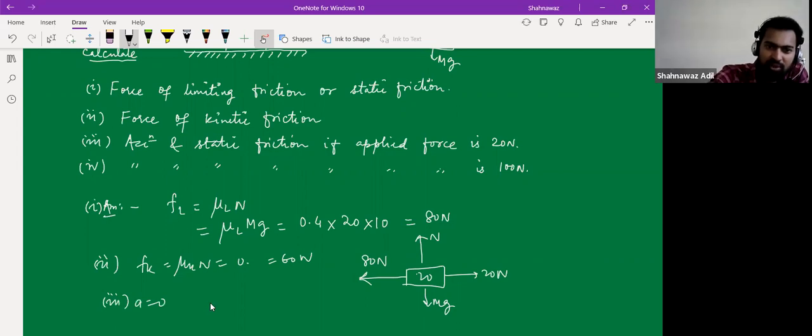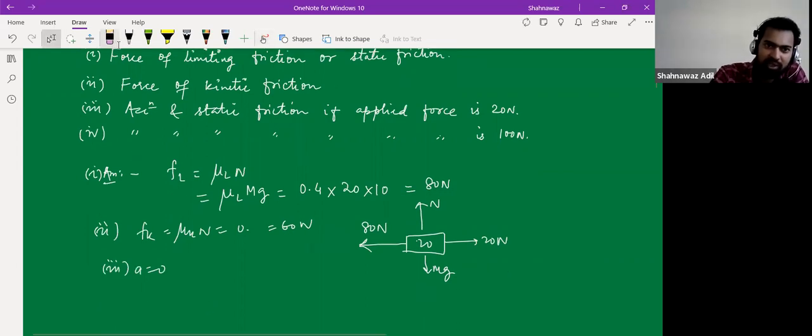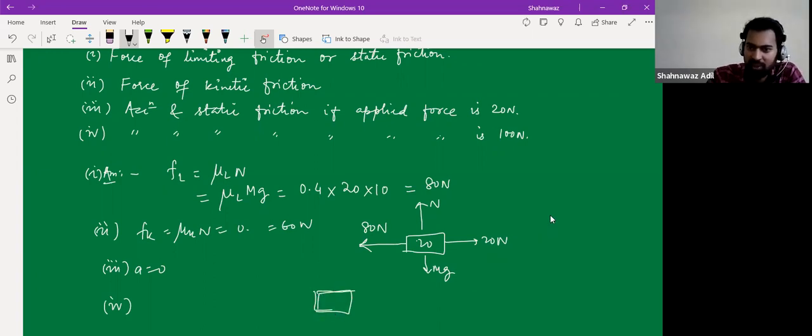So let's do the fourth one, right? When the applied force is 100 Newton, we have to always make FBDs. These are very, very important. If we know this part, then all of Newton's laws of motion become very easy.